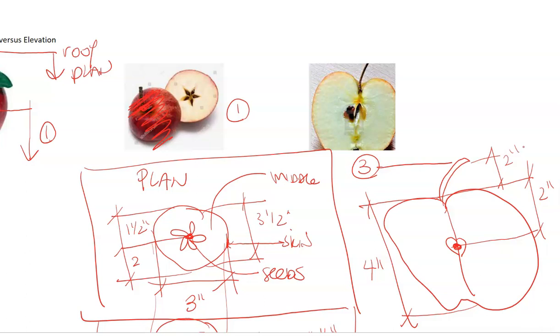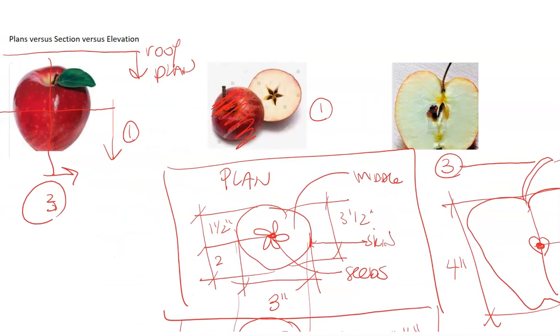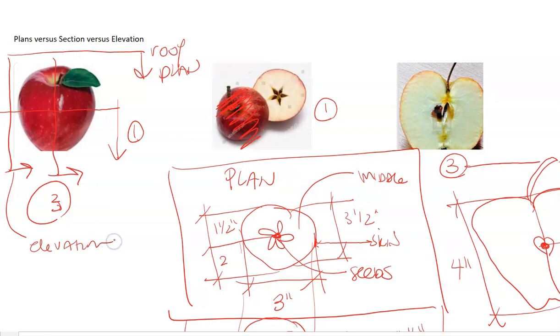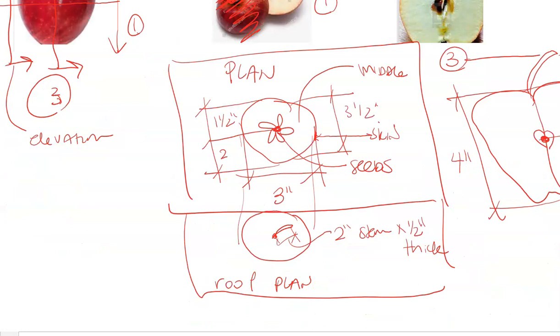Now, we could also draw an elevation view. So let me go back to my apple over here. So if I were to draw an elevation view outside here, and here I'm going to draw an elevation. Let's label that elevation view 4.